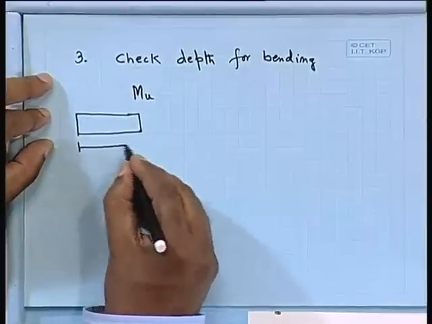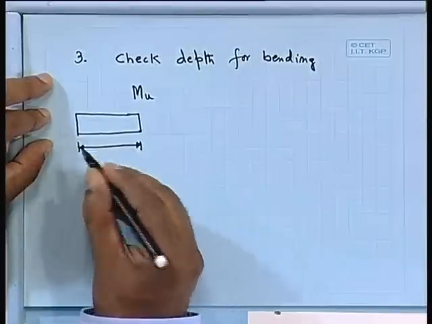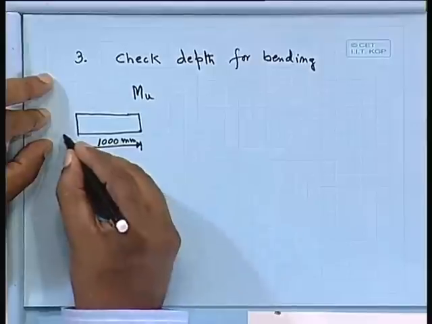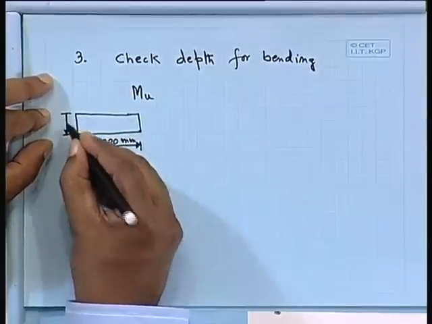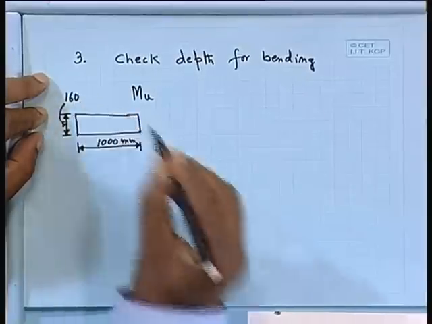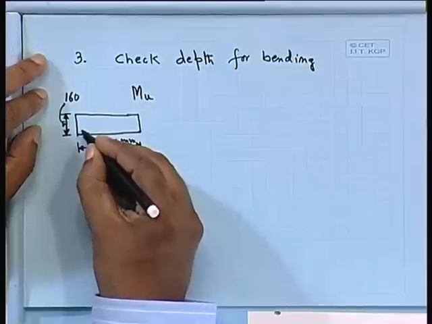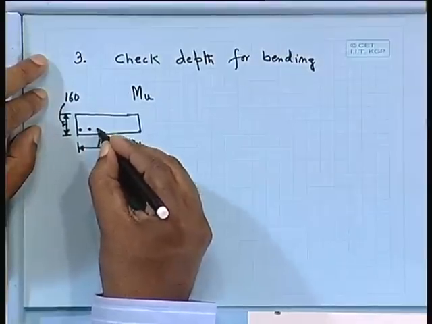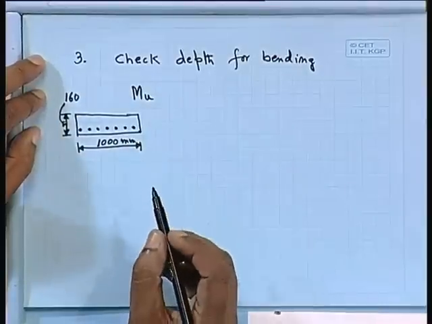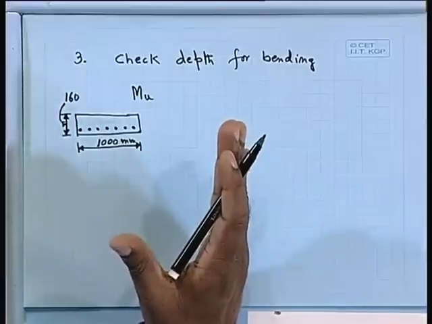The only difference is that we are taking 1 meter, that means 1000 millimeter width, and the overall depth is 160 in our case. We have to provide the reinforcement in the slab, so we take a rectangular beam of 1 meter width and the depth we have assumed, 160 millimeter, and we have to check whether that is sufficient.